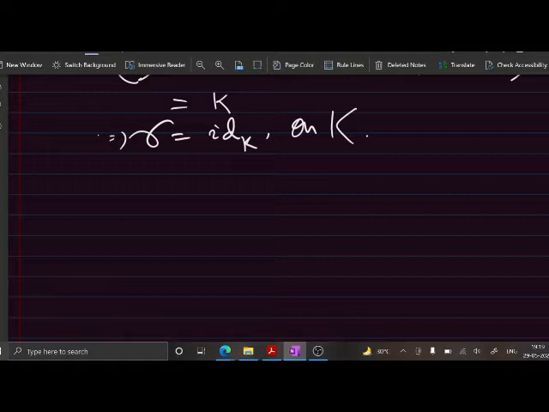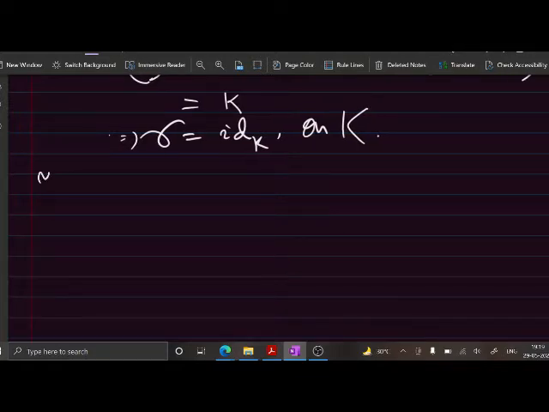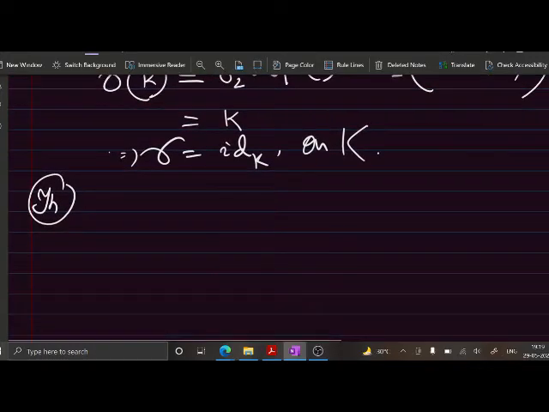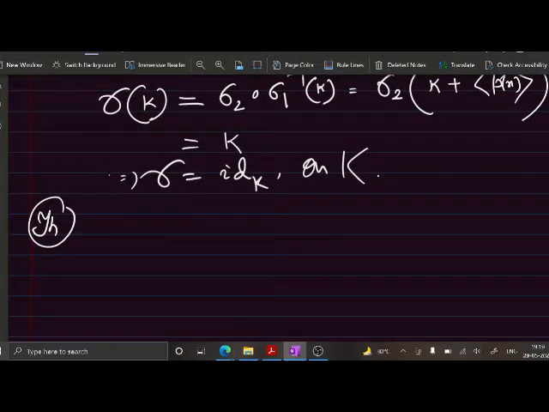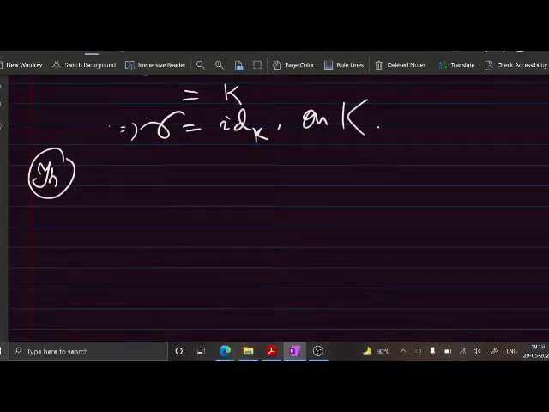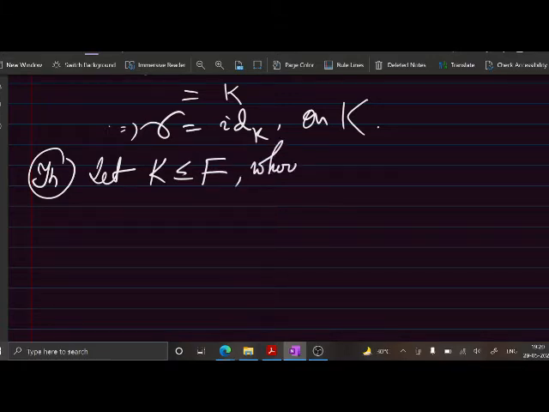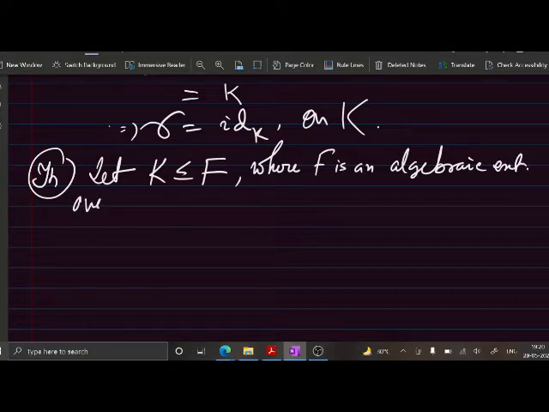Okay. Now interestingly, we can prove another interesting theorem. Suppose k is less or equal to f, where f is an algebraic extension over k.